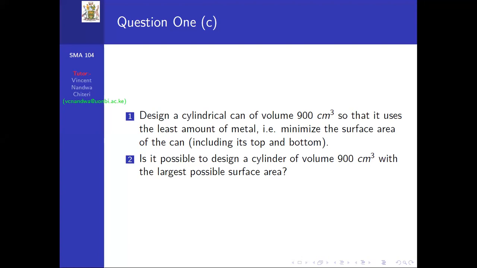The second part of the question is to determine whether it is possible to design a cylinder of the same volume with the largest possible surface area. So let's demonstrate how to solve this problem.